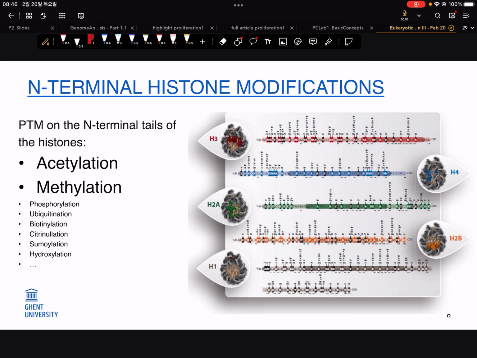Quite a lot of changes happen on those histones. The most commonly observed ones, and the ones that we know most about, are shown here in big letters: acetylation and methylation. But there are more. Phosphorylation, ubiquitination, and so on and so on. Hydroxylation, sumoylation have all been described.